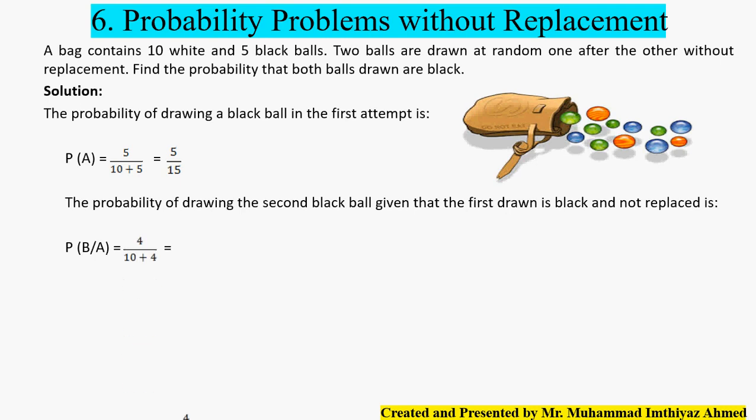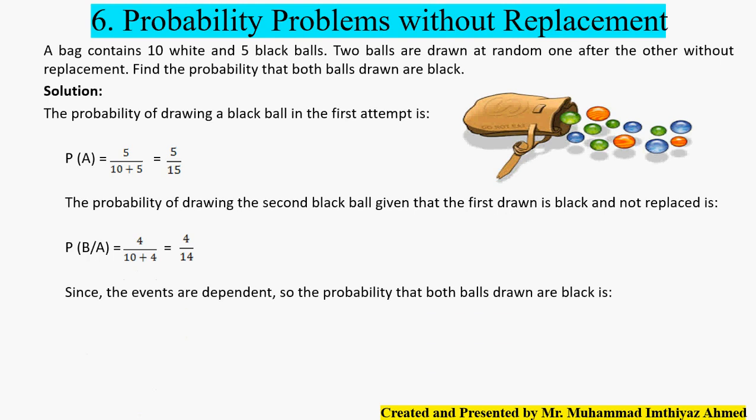So it is 4 divided by 14. Since the events are dependent, the probability that both balls drawn are black is 5 by 15 multiplied by 4 by 14. So 5 into 4 is 20, 15 into 14 is 210. So this is the answer for problem number 6.